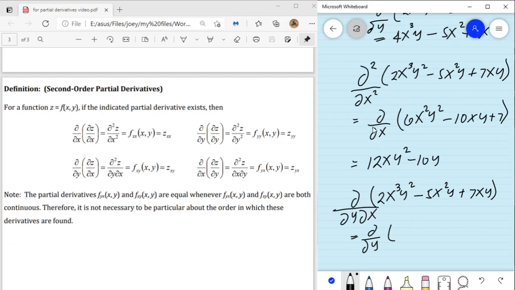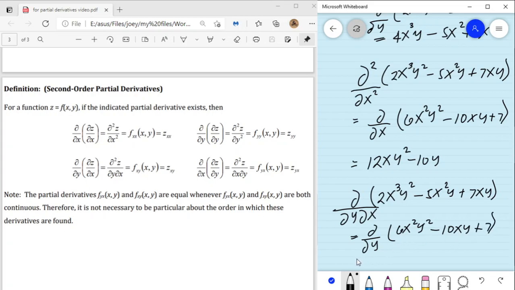So, we recall that the partial derivative is 6x squared y squared minus 10xy plus 7.